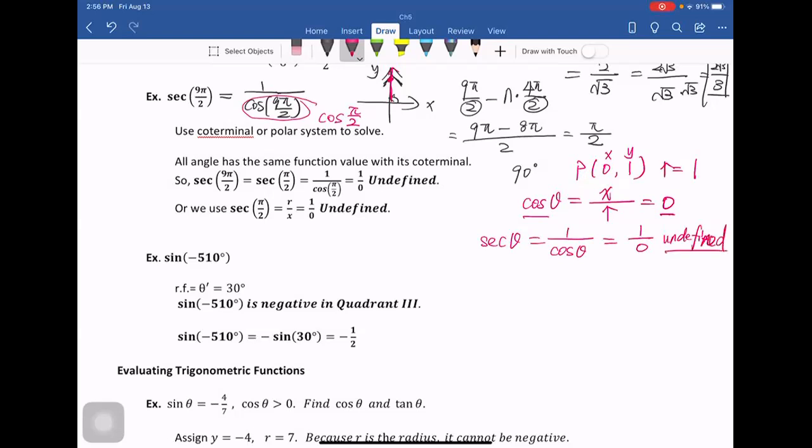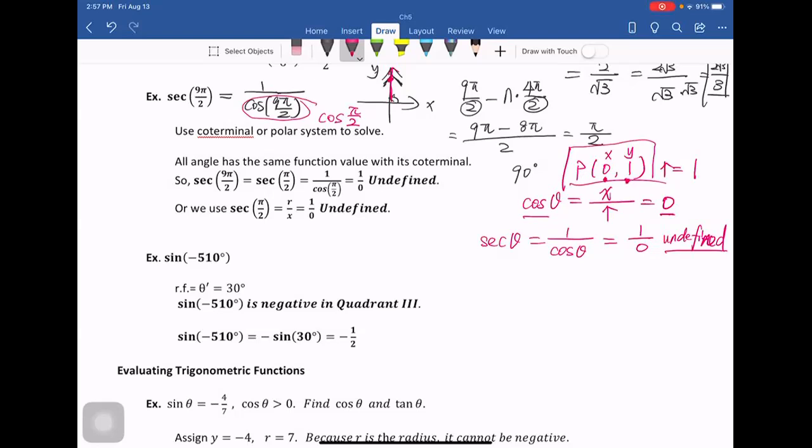So this one, first I use the coterminal angle to find its coterminal angle. And then I didn't use the reference angle. I just assign the point P equals (x, y), and then assign a number for this point.